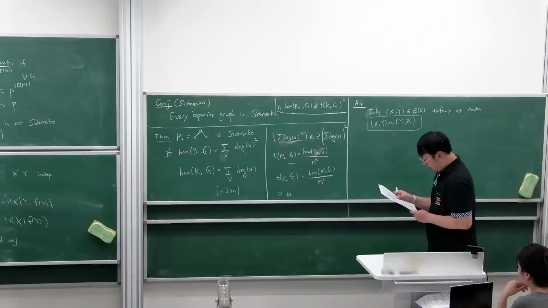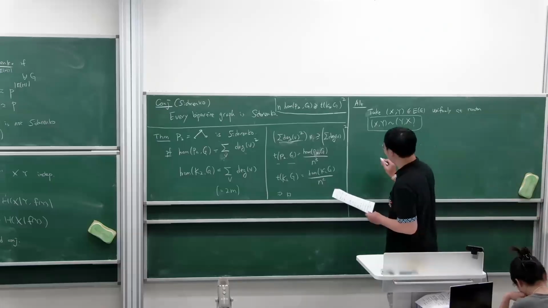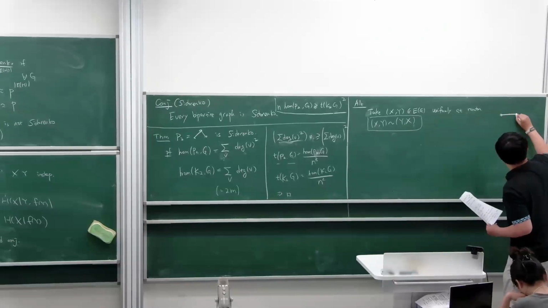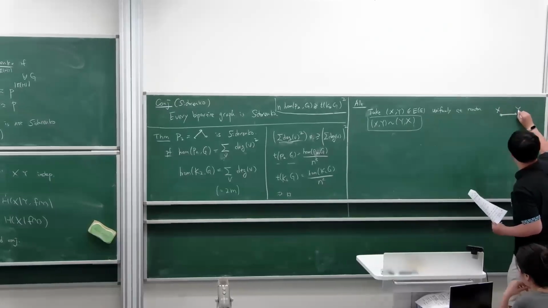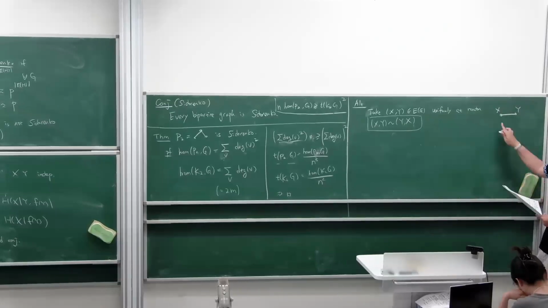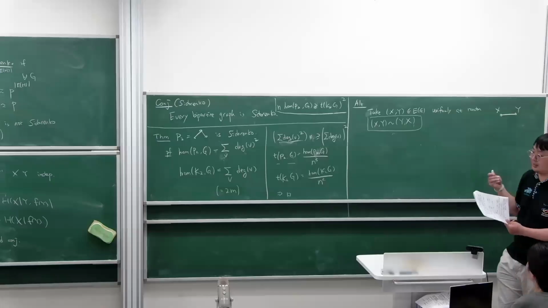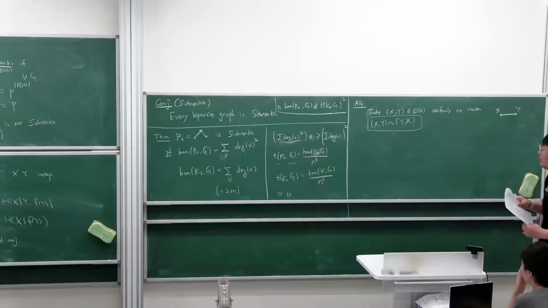Okay, so let me start the proof. Now x and y, the picture you should have in mind is that you now get two vertices x and y, and that will correspond to a random edge in G. Your goal is to find a P2, compute the entropy, and upper bound that by the homomorphism number of P2.